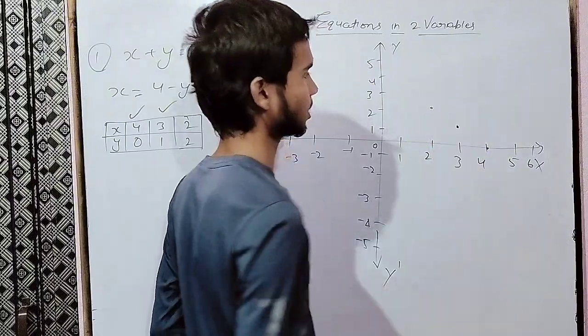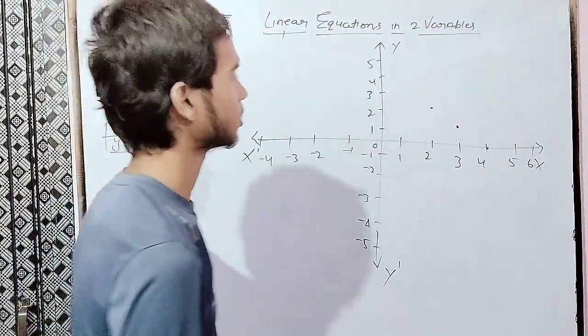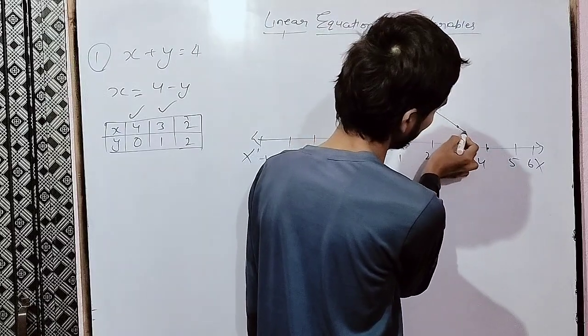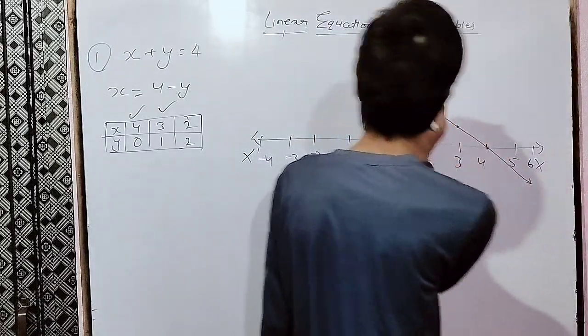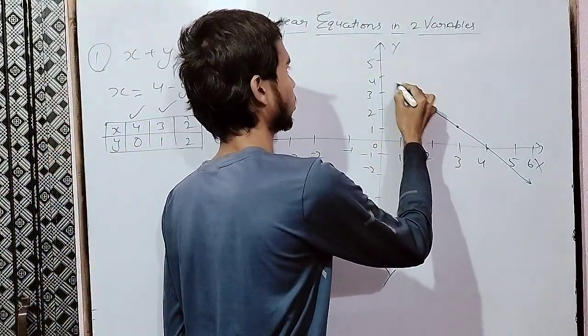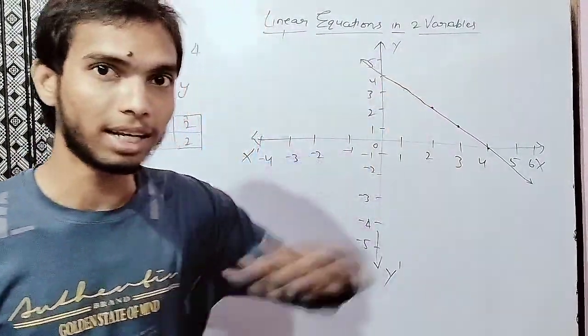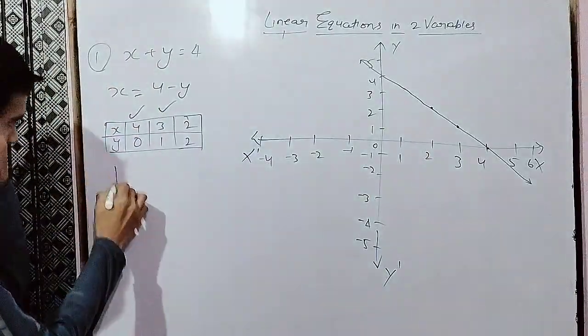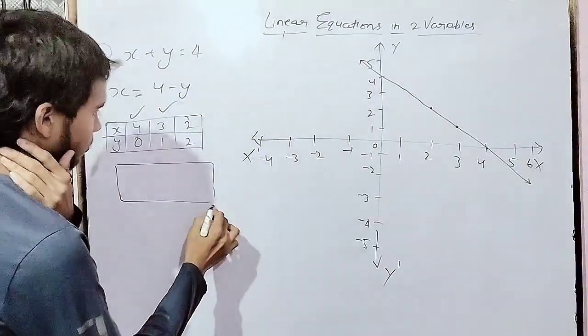It is here. Now let's draw a line. It goes like that. Finally, we have a linear line, which is a linear equation. You can even find more.